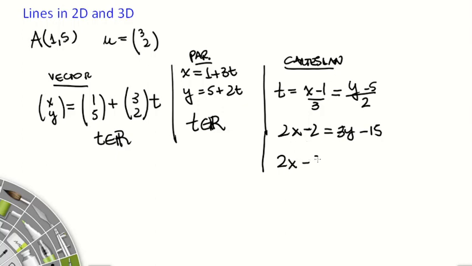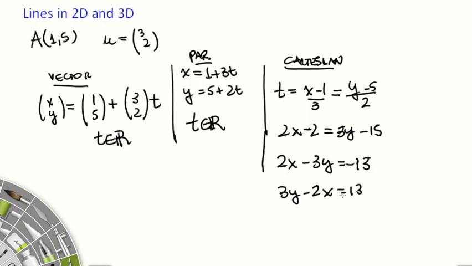Let's get y on the other side: minus 3y equals negative 15 plus 2, negative 13. It's probably better to change the signs, and then there we go.